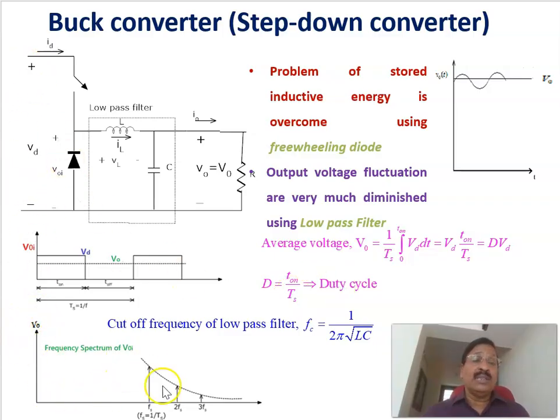This is the frequency response of the voltage across the diode, which is the input to the low pass filter, and at the output of the low pass filter we get a constant DC output voltage, V0. We will see the design later: the cutoff frequency of this filter is fC equal to 1 by 2 pi root of LC, where L is the inductance and C is the capacitance of the low pass filter. We'll see the design in the coming slides.